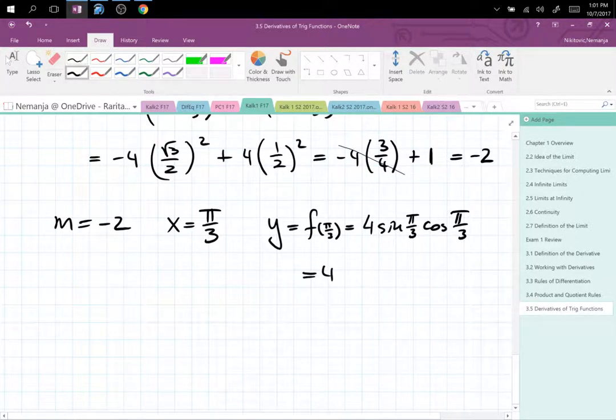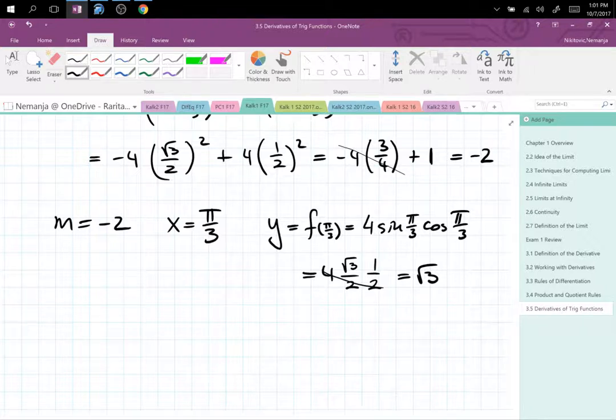Sine of pi over 3 is square root of 3 over 2, and cosine of pi over 3 is 1/2. These all cancel, and we just get root 3. Oh, what a wonderful soup of all of these. You have a whole number, and you have the pi over 3, and you have square root of 3.